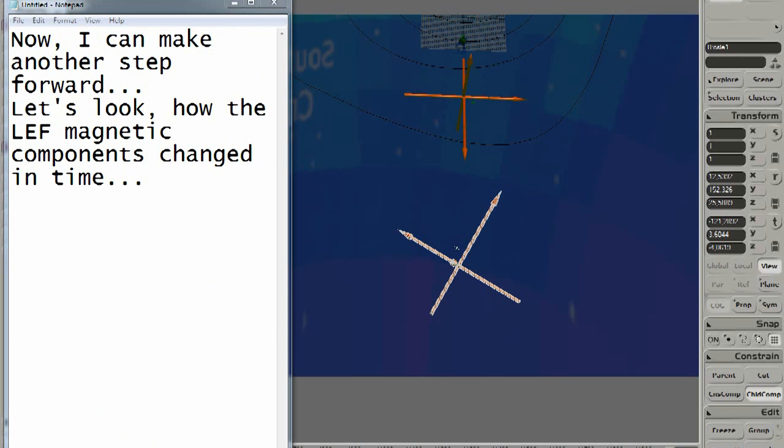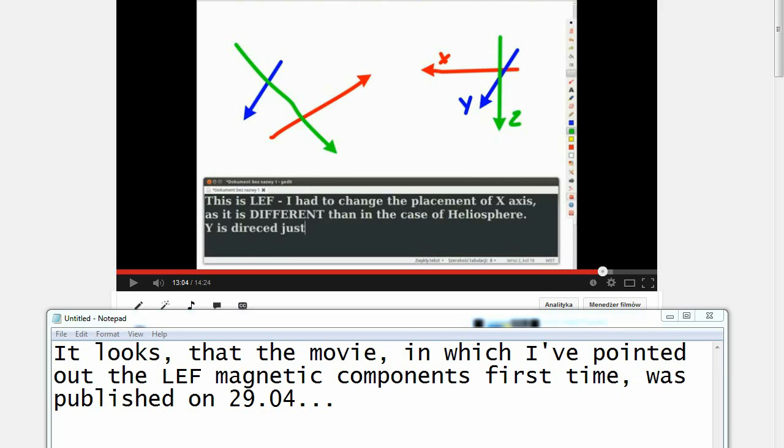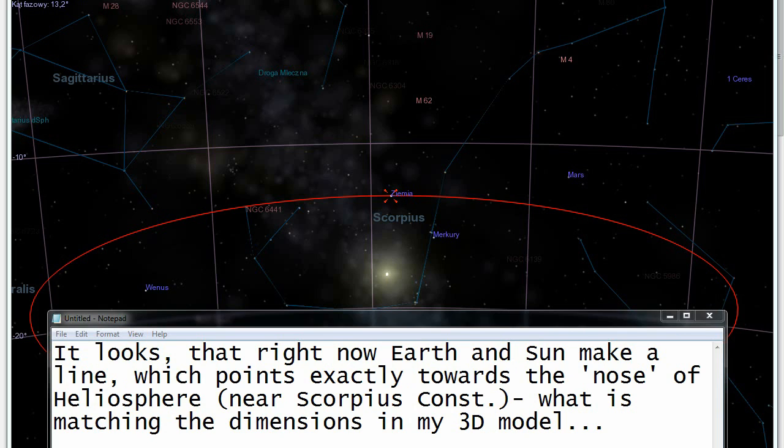Now I can make another step forward. Let's look at how the low energy field magnetic components changed in time. It looks like the movie in which I pointed out the low energy field magnetic components the first time was published on 29th of April. Right now Earth and Sun make a line which points exactly towards the nose of the heliosphere, near the Scorpius constellation, which is matching the dimensions in my 3D model.